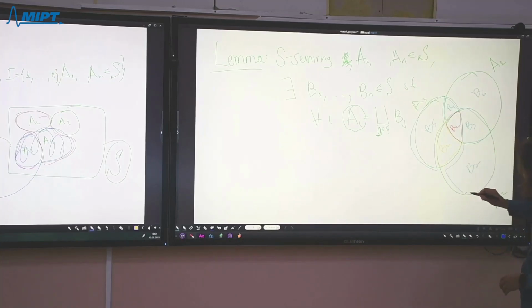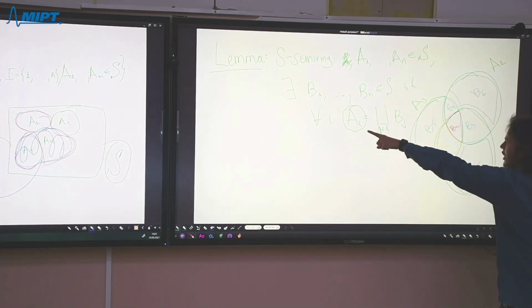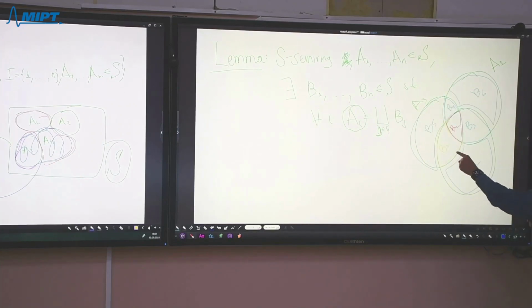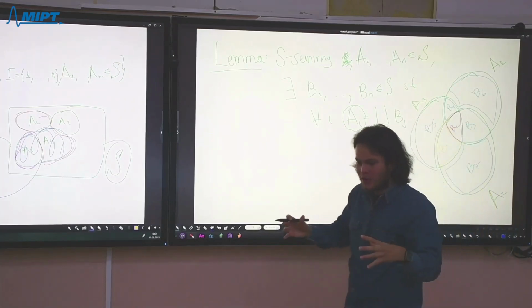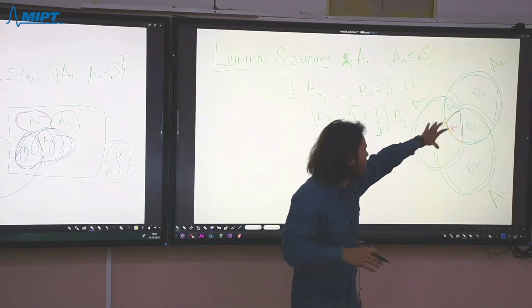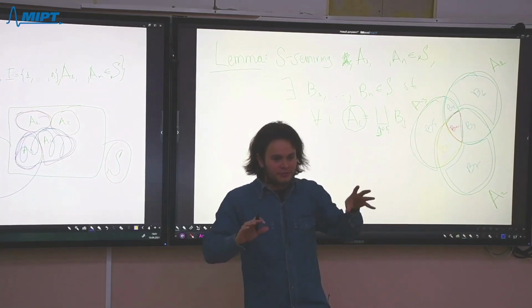So like this. So they don't intersect. We can see that for every A_i, we can express it as a union of some B. And all of these sets are elements of S as well. Okay? So we can decompose these sets into other sets. All right? Good.